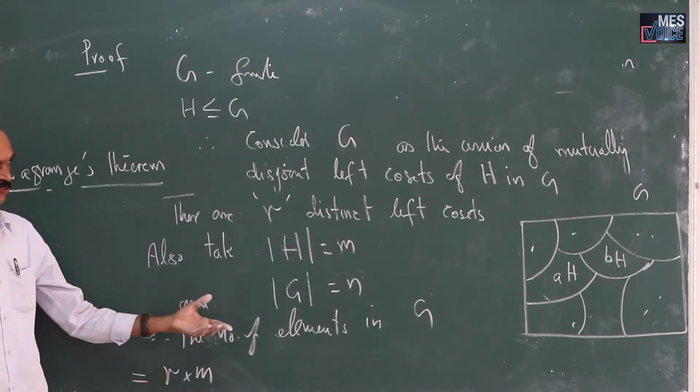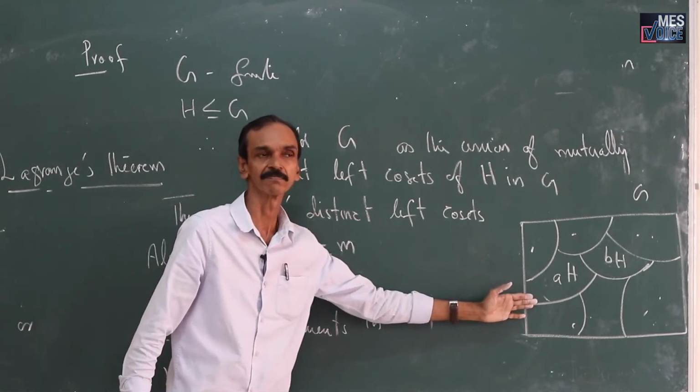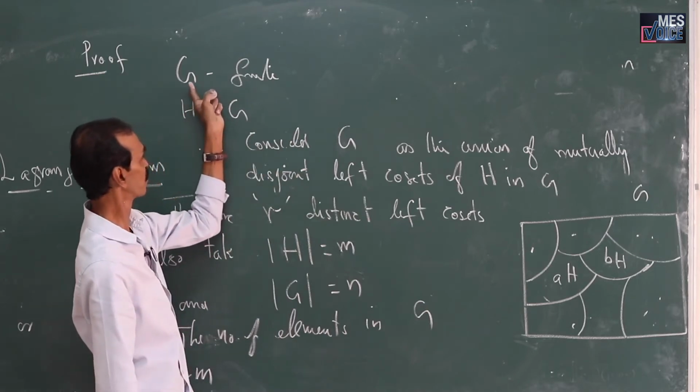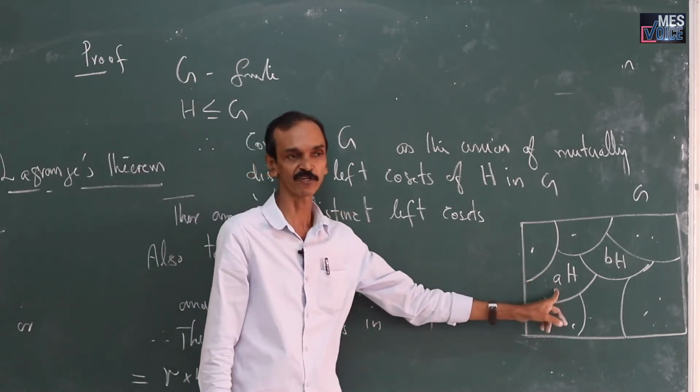This is simply by using this particular partition. This partition comes from the decomposition of G into left cosets.